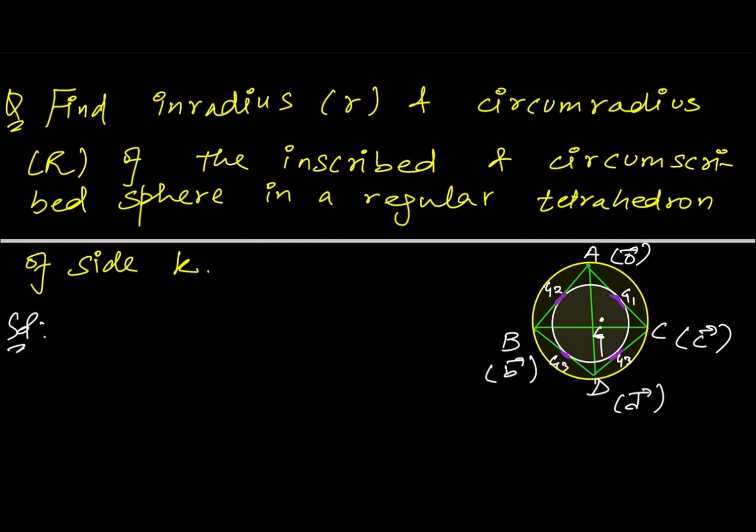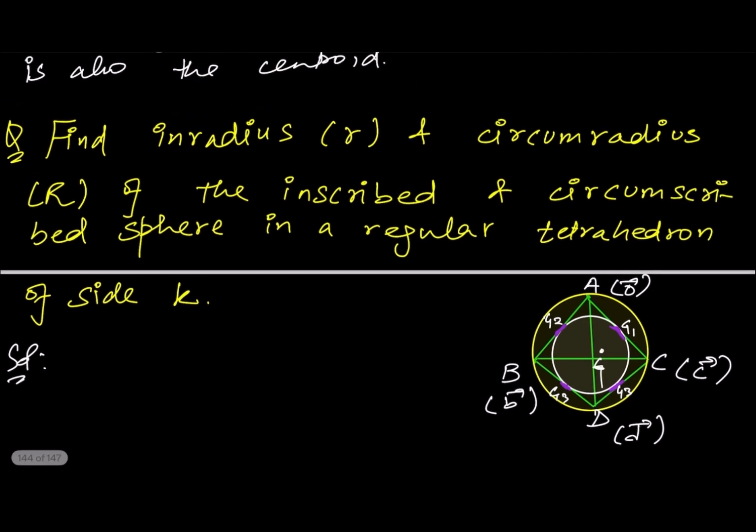Now it is given that all sides are equal and having magnitude k. So this will be k, or AD will be k, AB will be k, AC will be k.